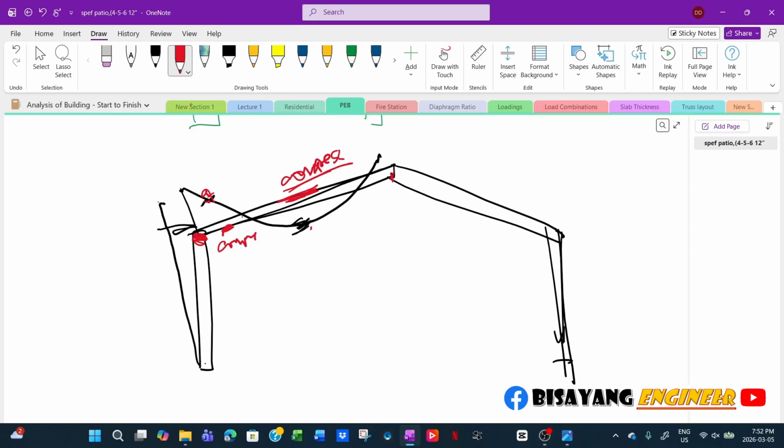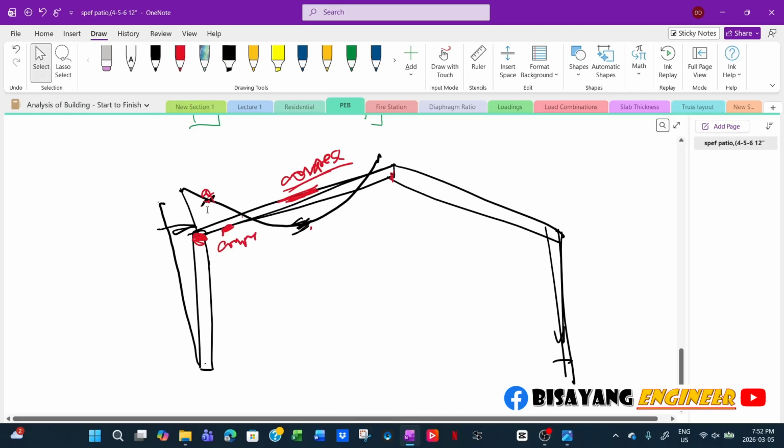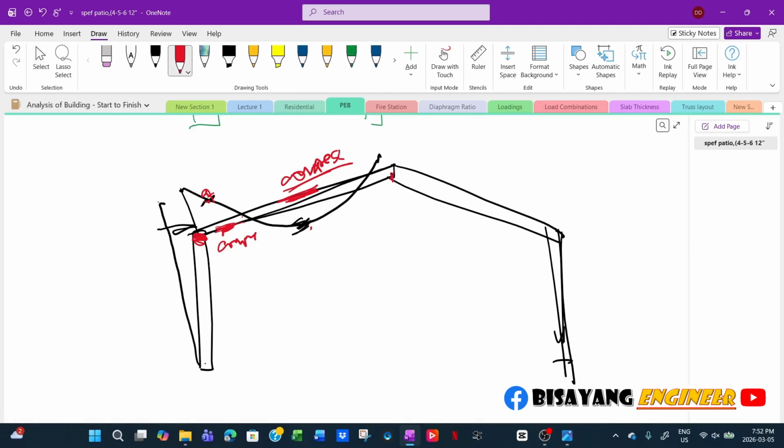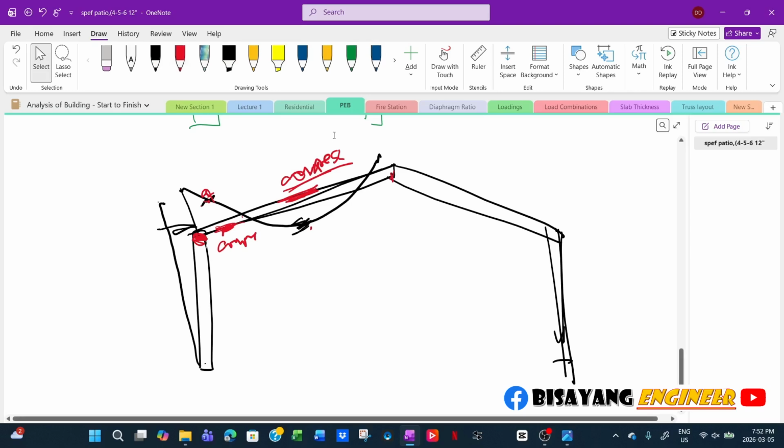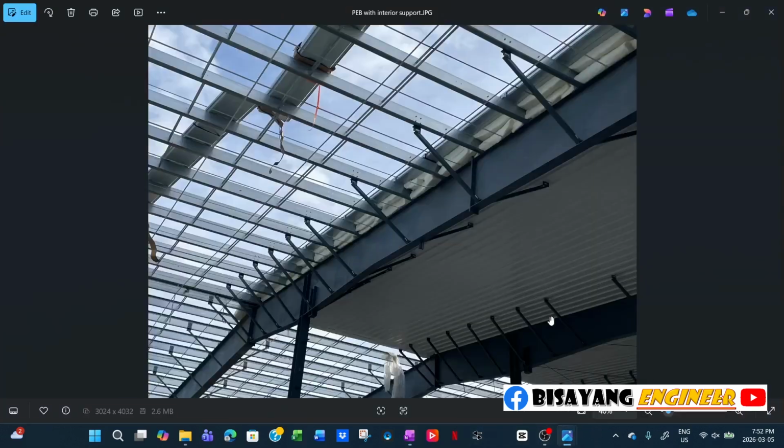Now, if you don't provide bracing, then it will require a bigger moment of inertia and a thicker bottom flange. That's the purpose of this lateral bracing. This one is to brace the flange.